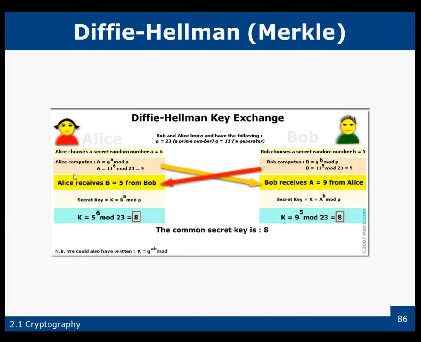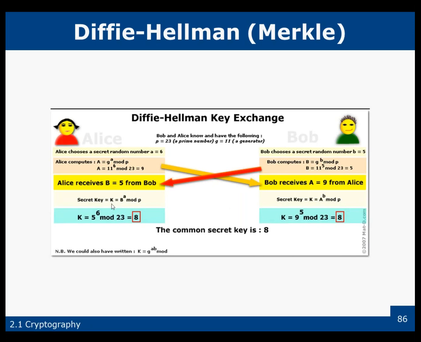Alice computes G to the A mod P, where mod is the modulus. So 11 to the 6 mod 23 is equal to 9. Bob then computes the same thing, but he gets 5. So Alice receives 5 from Bob, and Bob gets 9 from Alice.